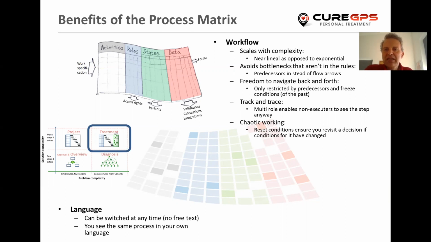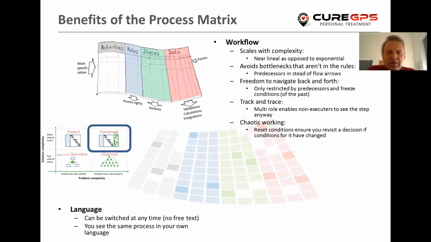It avoids bottlenecks that aren't in the rules, so you can do things in any sequence that you want, provided it is allowed. It gives freedom to navigate back and forth, and that is what doctors want. So they want to set the dose of chemotherapy and order it before they have a final determination of all the things that go into it.